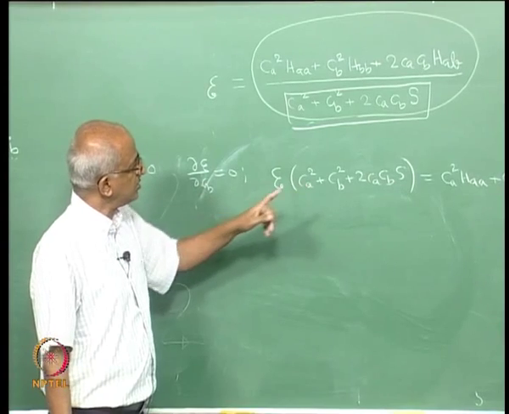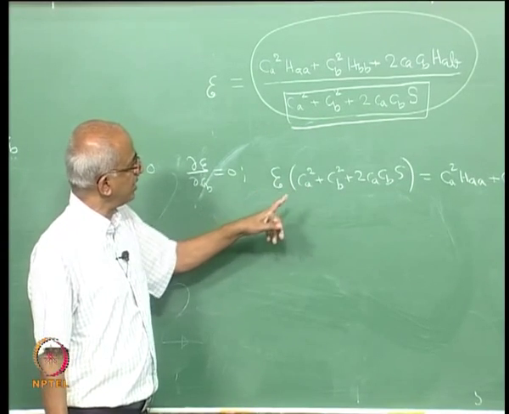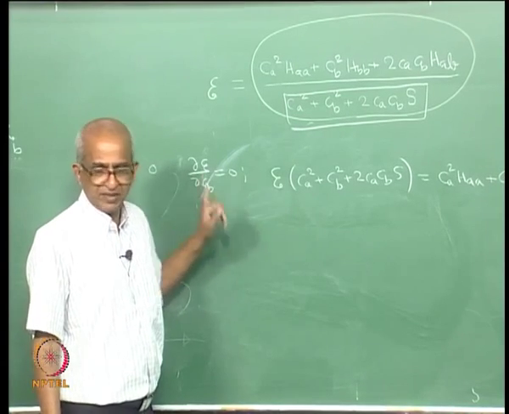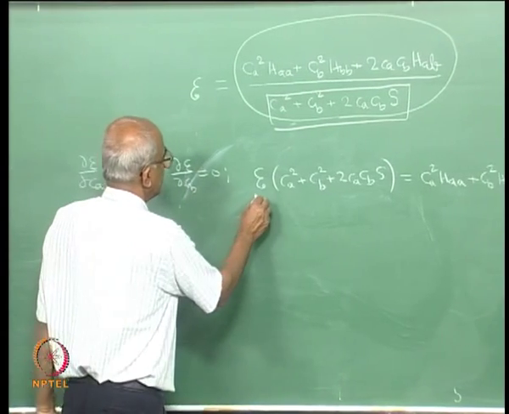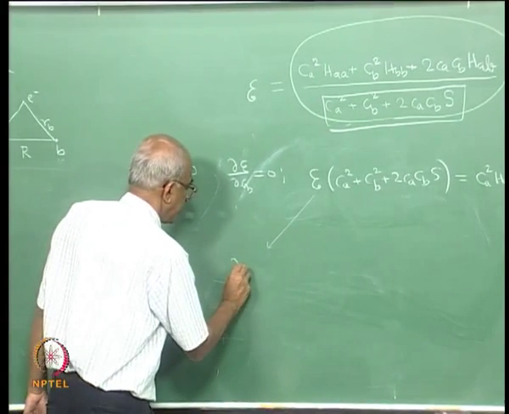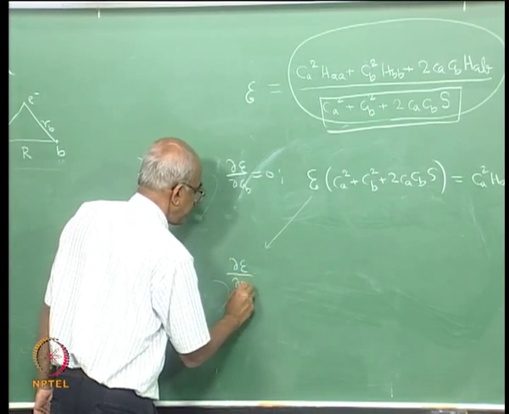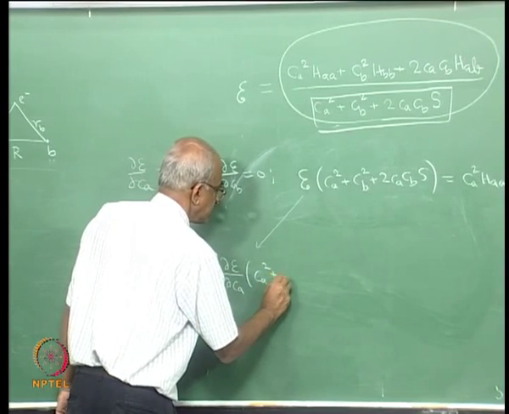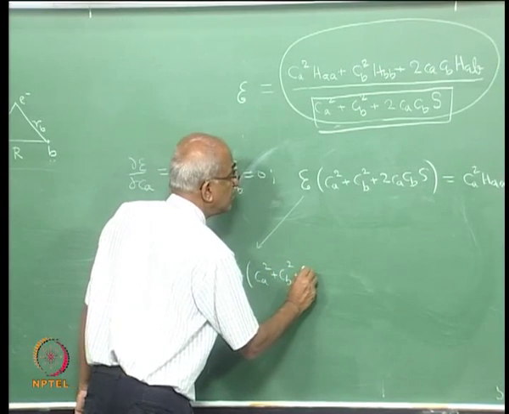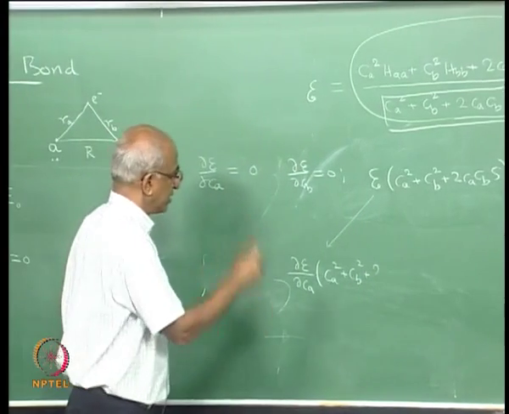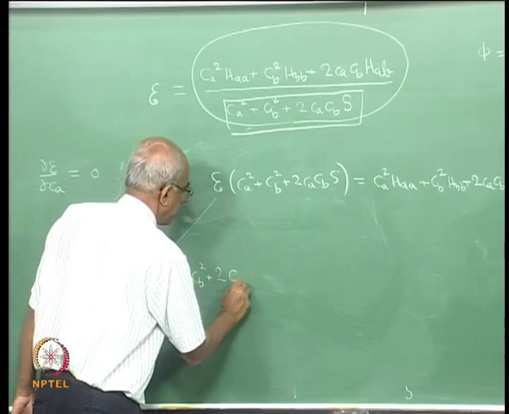So, now with this equation, suppose I differentiated this equation with respect to CA partially, then what is the result that I am going to get? Well, from the left hand side you are going to get dou E by dou CA into CA square plus CB square plus, oh yeah, this is correct. I thought I had made a mistake.